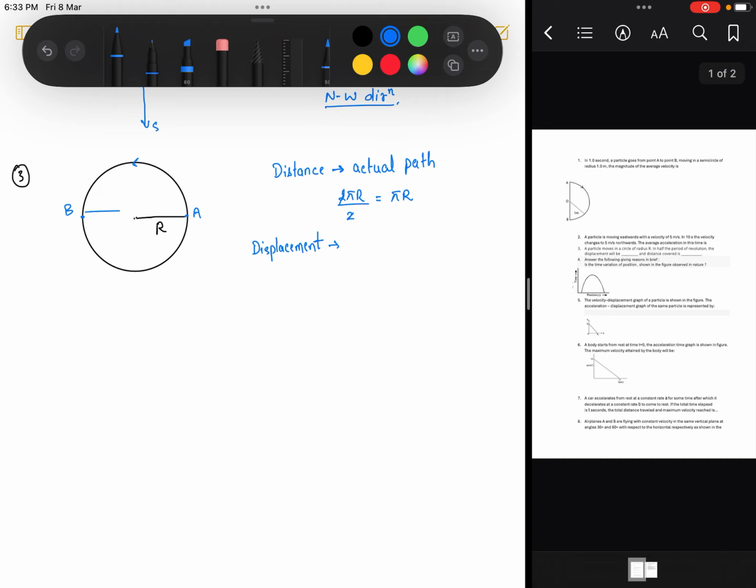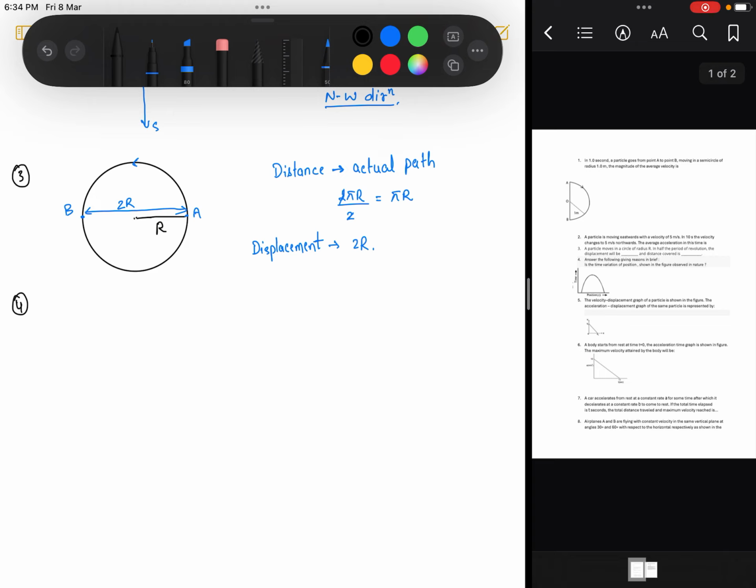So this will be the displacement, 2r. So this is an easy question asked in JEE Advanced. Now coming to the fourth question.